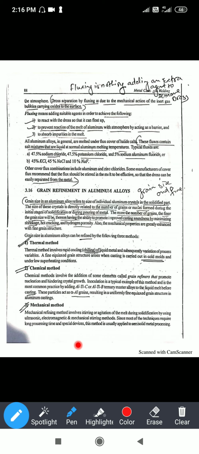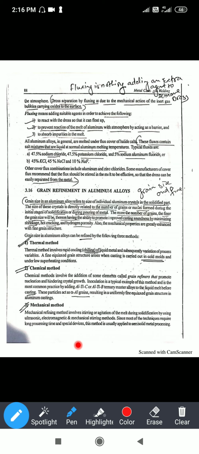It also prevents reaction of the aluminum melt with the atmosphere by acting as a barrier and absorbing impurities in the melt. All aluminum alloys in general are melted under a flux of salt. This flux contains a salt mixture that is liquid at normal aluminum melting temperatures.